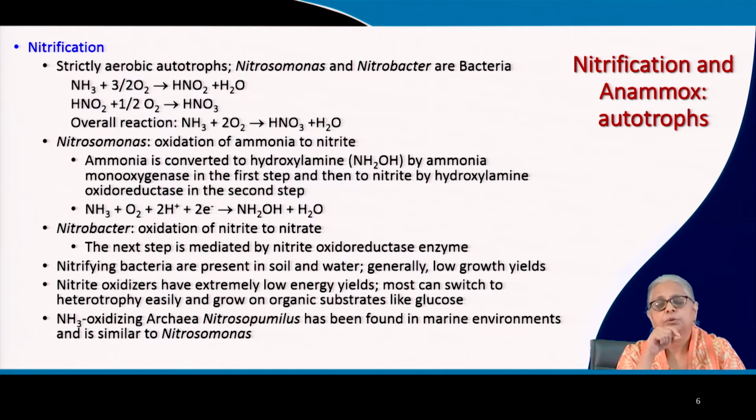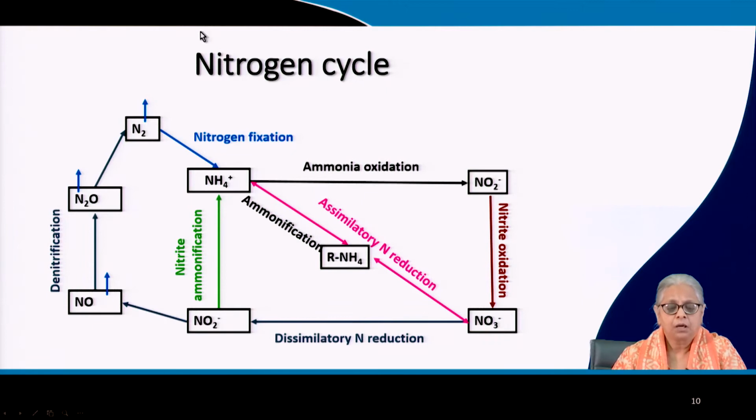So the first thing to remember is that nitrification is the conversion of inorganic ammonia to nitrite and nitrate. Where is the inorganic ammonia coming from? It's basically coming from organic amines or amino acids and so on.